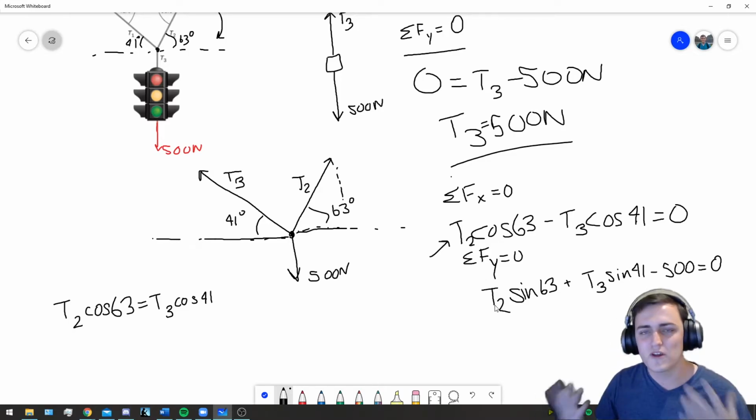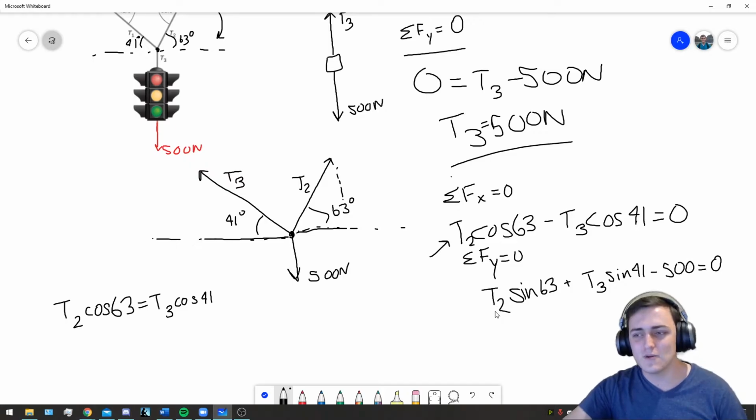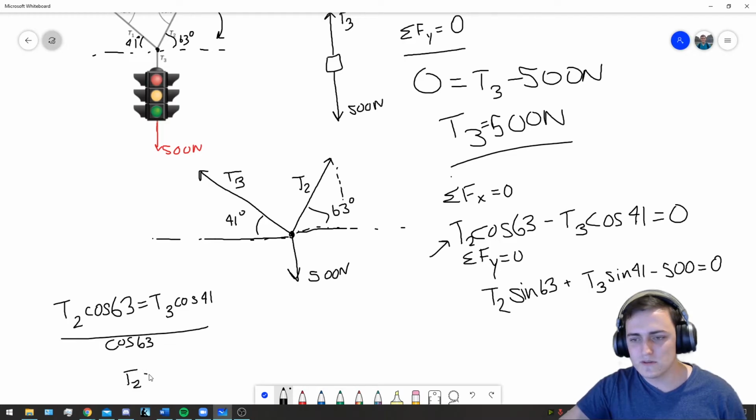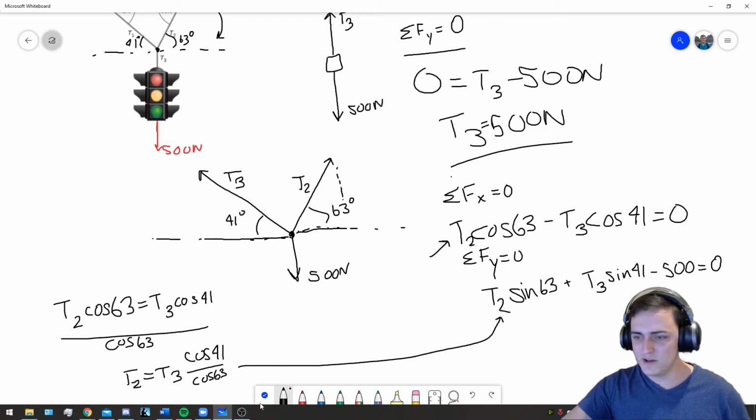And all of a sudden, we're only going to have one unknown variable in that equation. So our first step was just moving the T3 term to the right side. And then we can divide by cosine of 63 to find that T2 equals T3 times the ratio of cosine 41 to cosine 63. And we can plug that into this equation there.